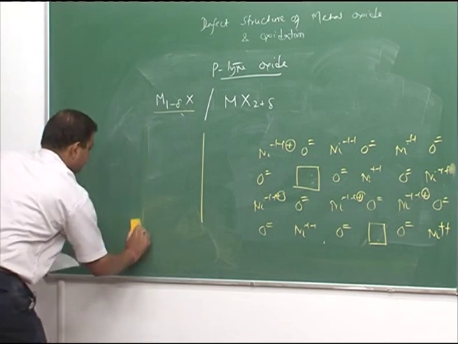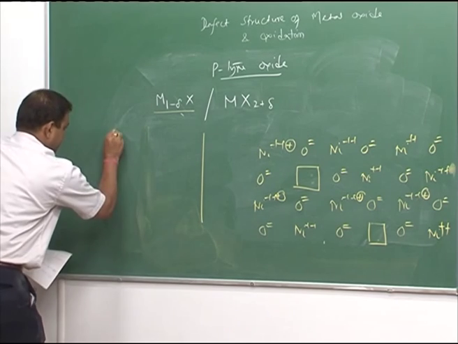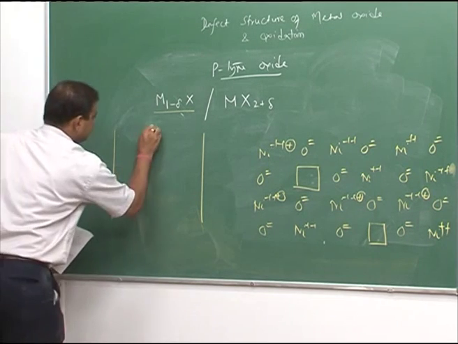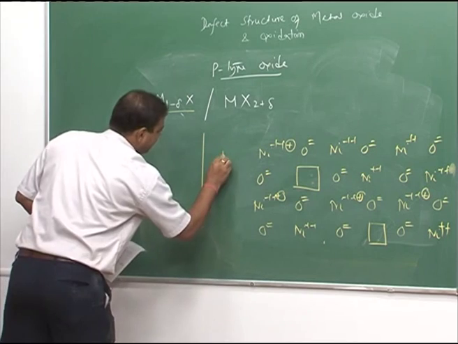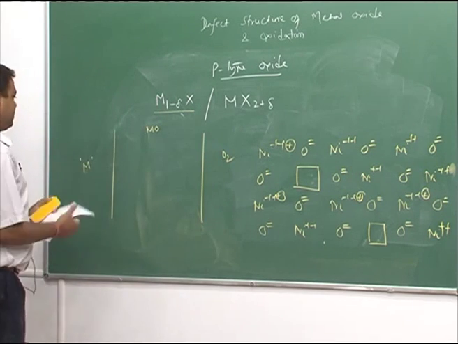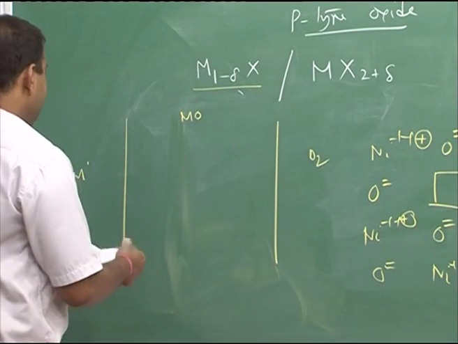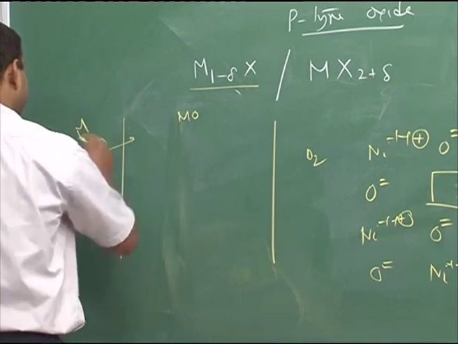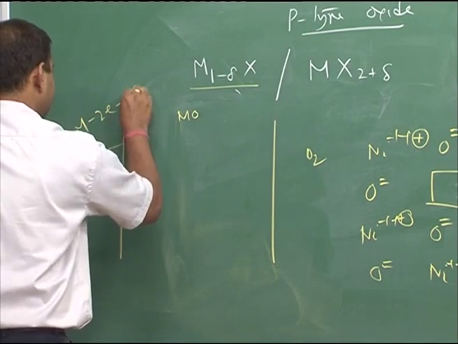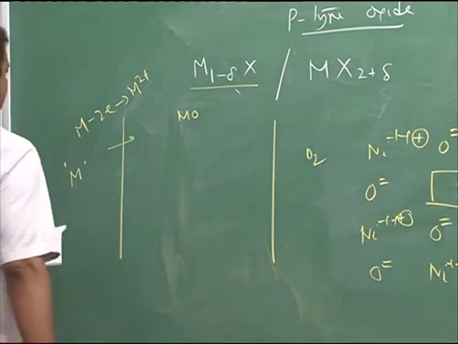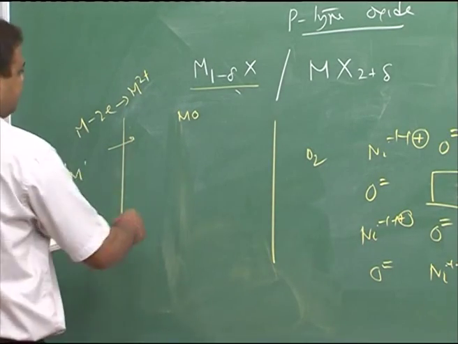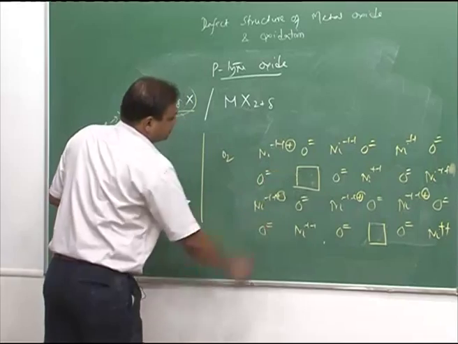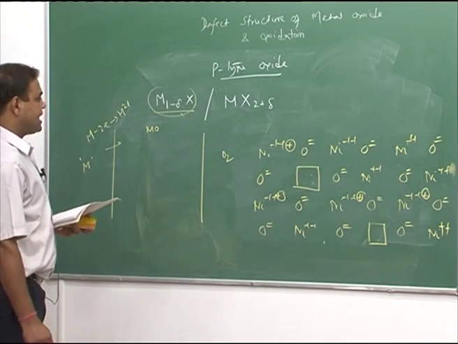Let me draw it: this is metal, this is metal oxide and this is oxygen. Same thing, on this side the anodic reaction would happen. Since this is this kind of oxide, we have cationic vacancies.